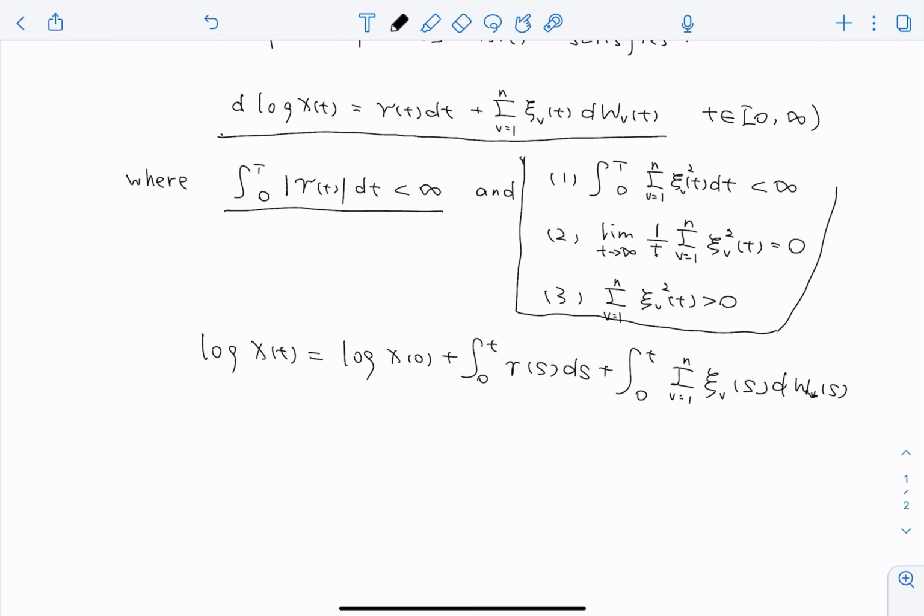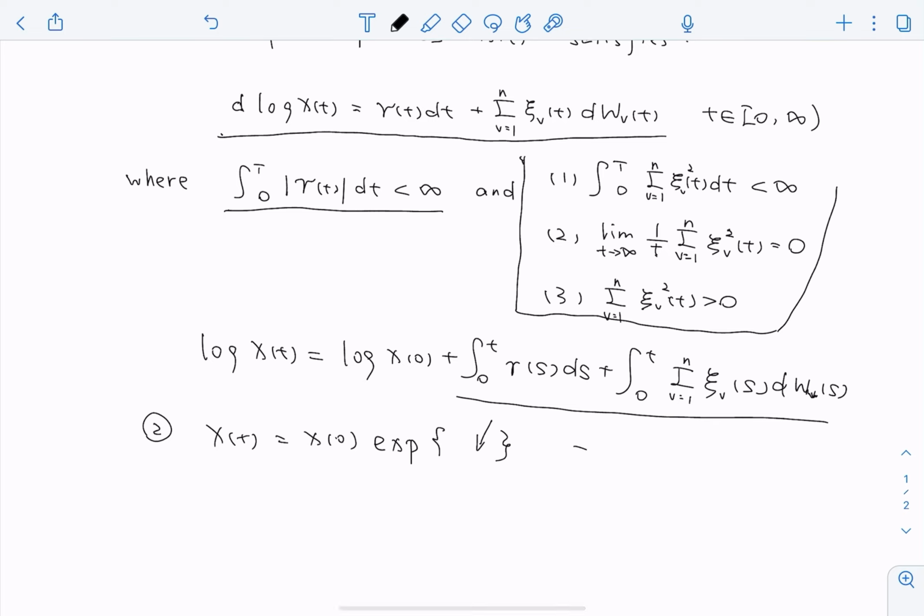Here the positive constant X of 0 represents the initial value of the stock. So we can rewrite it in exponential form. The stock price process can be expressed as X of t equals the initial value times e to the power of this form, for t from 0 to infinity.